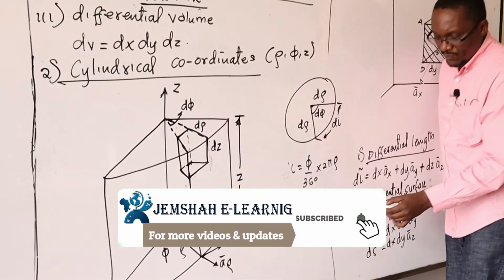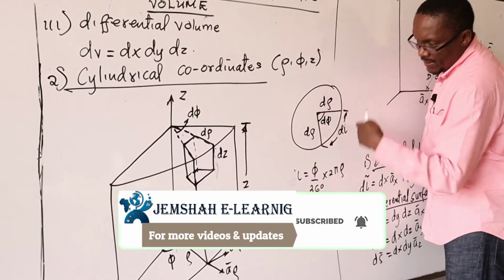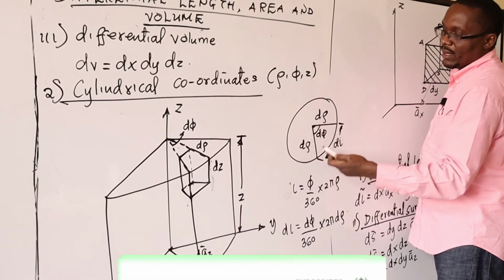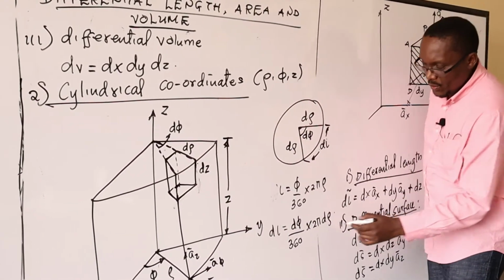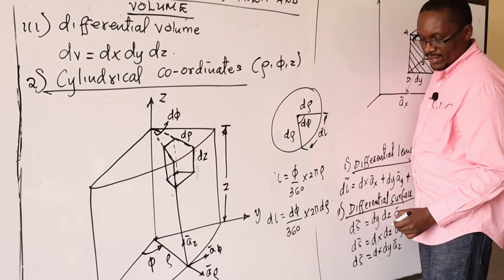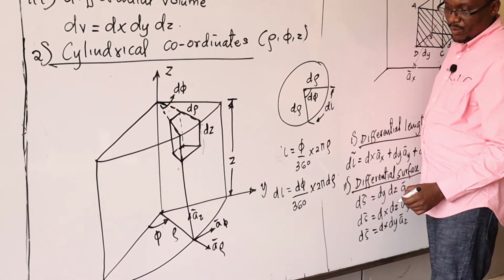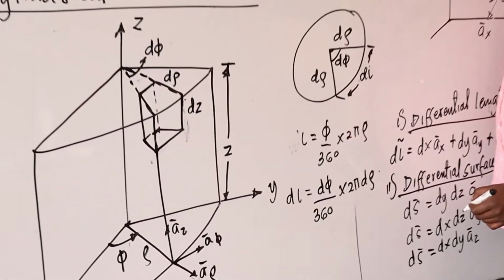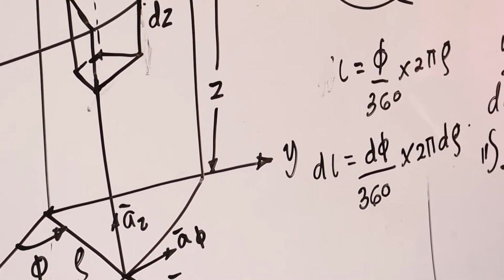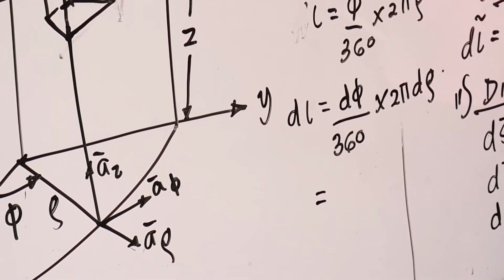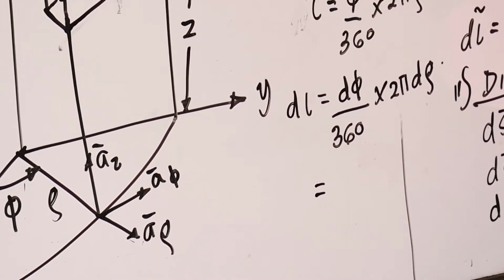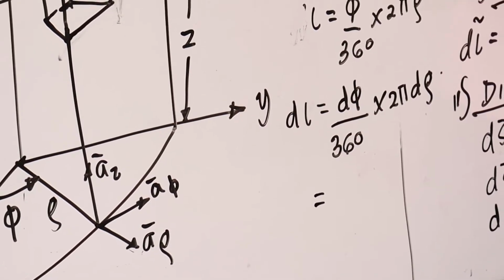Now, instead of using the whole circle angle as 360 in degrees, we can change this to radians.